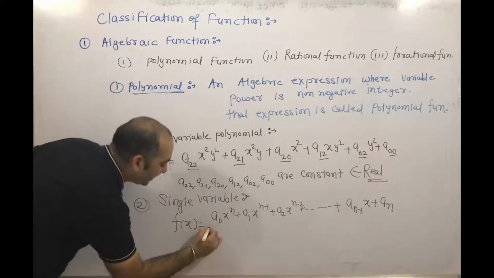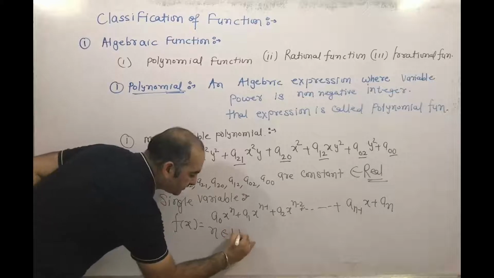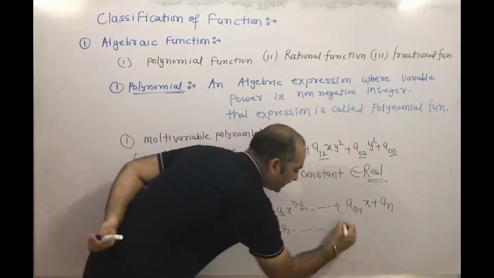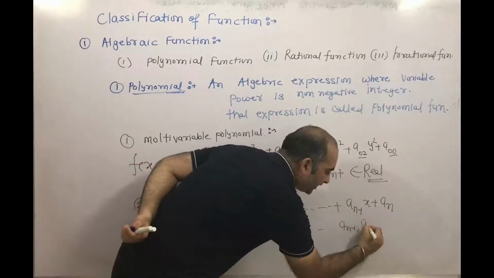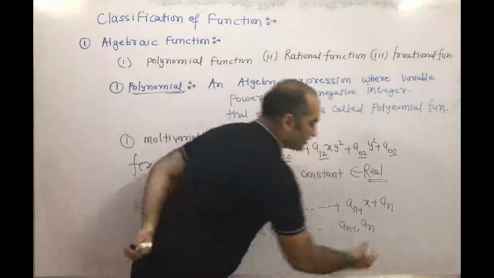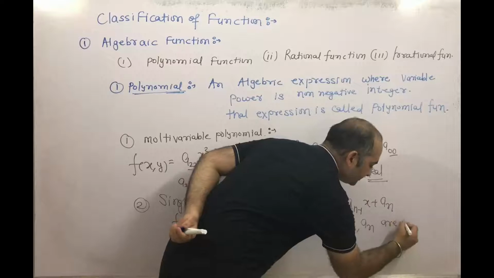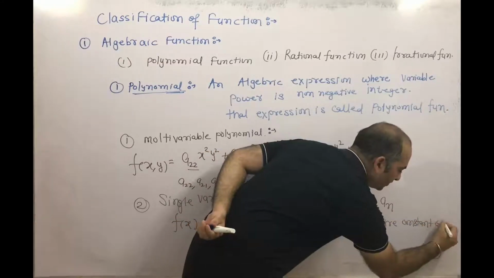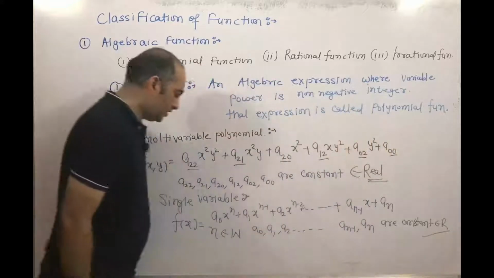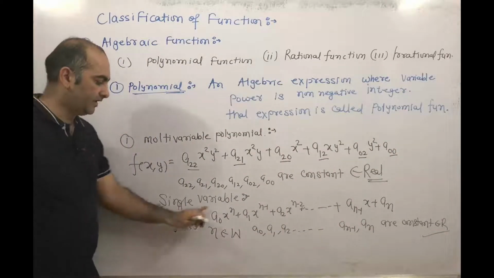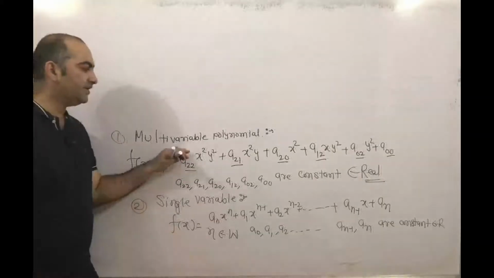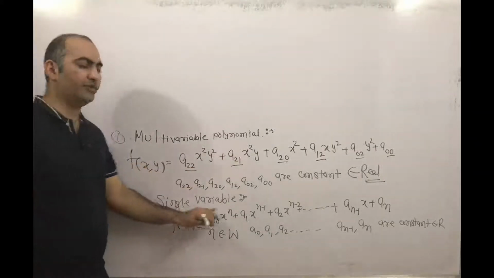Variable, and n belongs to whole numbers. a0, a1, a2 and so on up to a n minus 1, an are constants, and these constants belong to R. Okay, so here we can say this is a single variable polynomial function. Okay, multivariable polynomial and single variable polynomial.